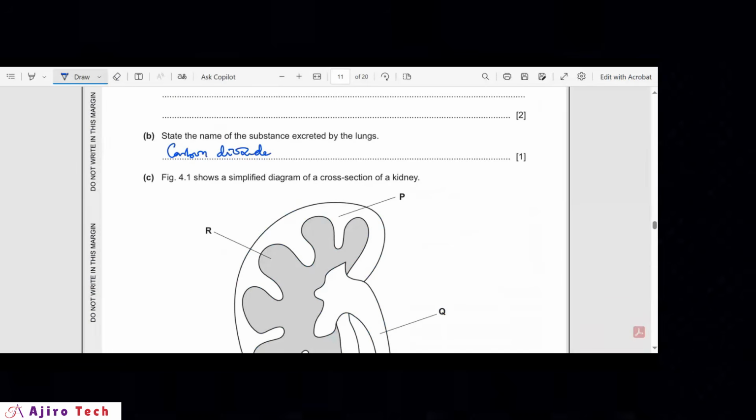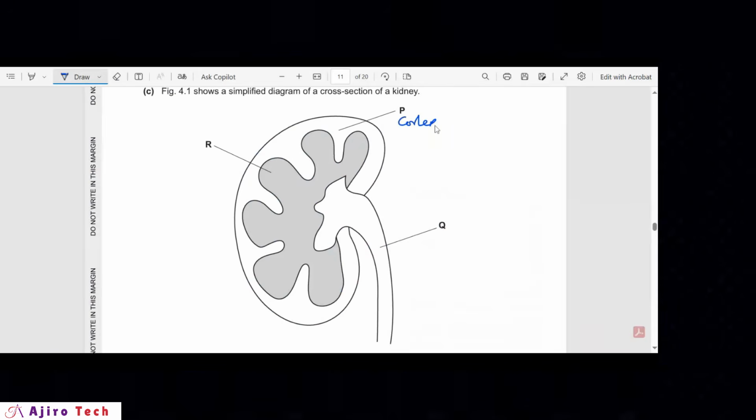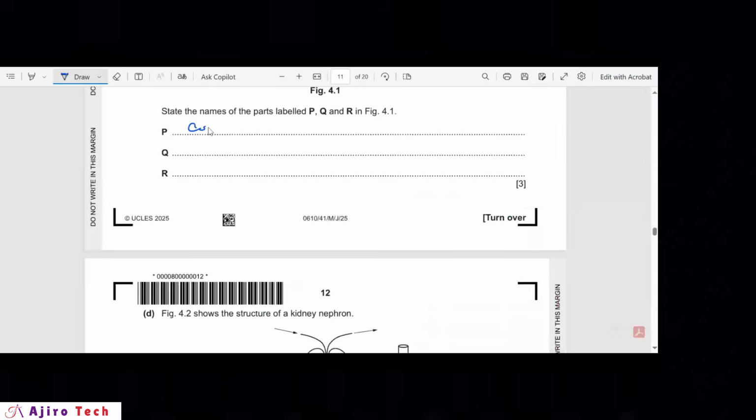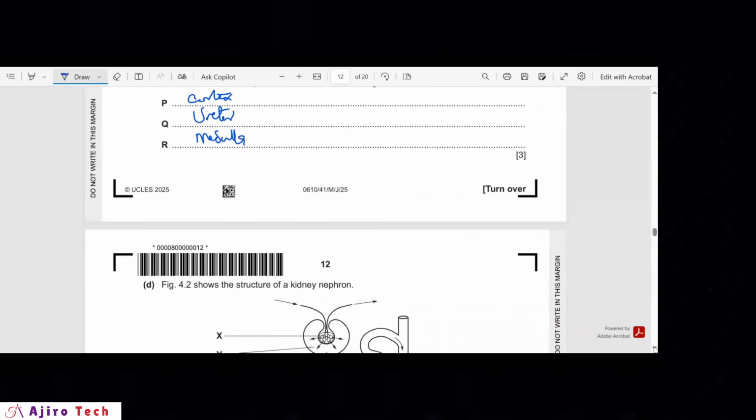So when you look at the kidney, this is the medulla, and this is the ureter. So we have the cortex, ureter, and medulla. Move on here. The diagram of the nephron.